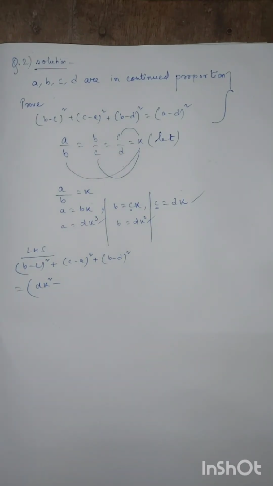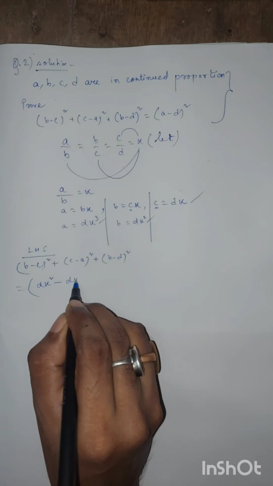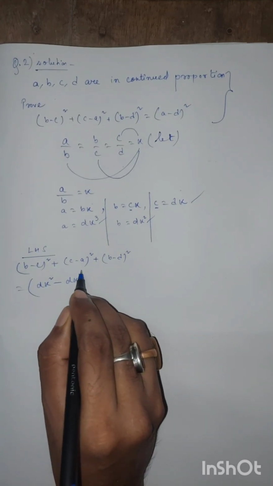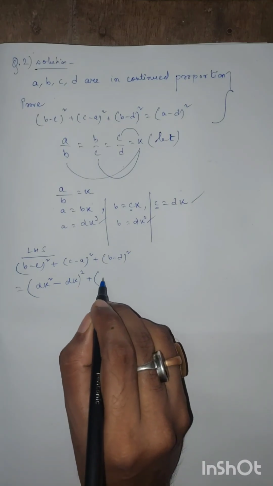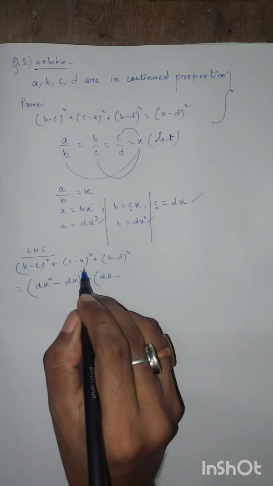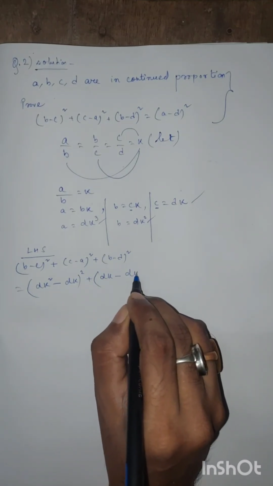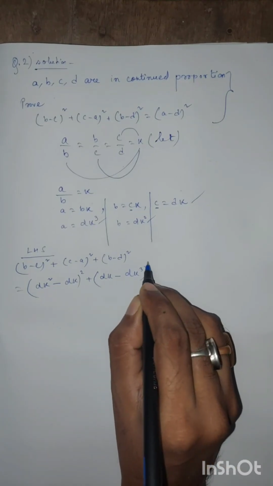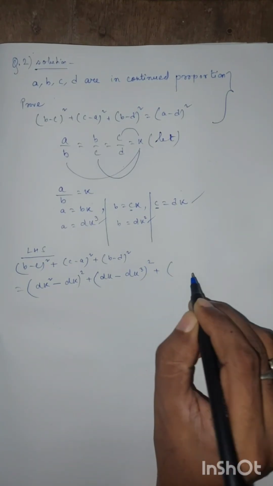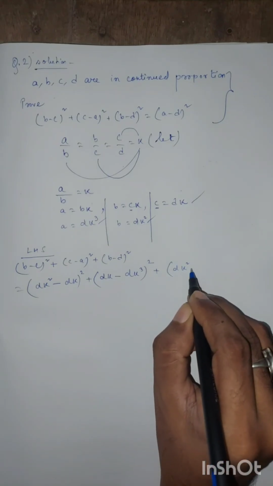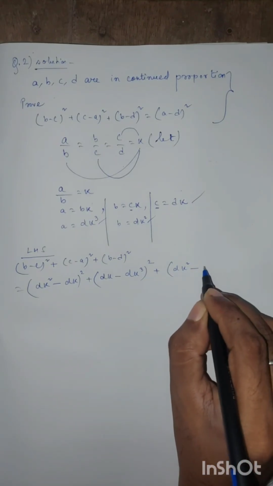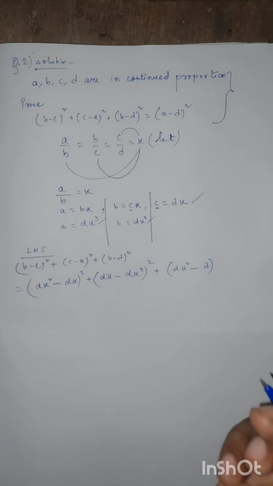In place of C we can write dk whole square. In place of C we can write dk. In place of A we can write dk cube whole square. In place of B, dk square. In place of D we can write d whole square.